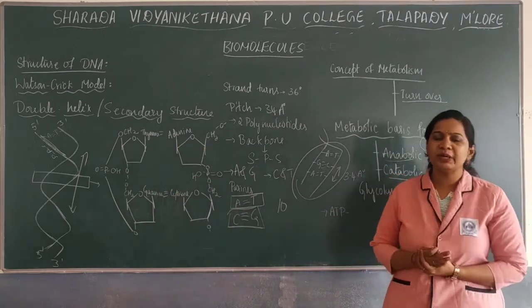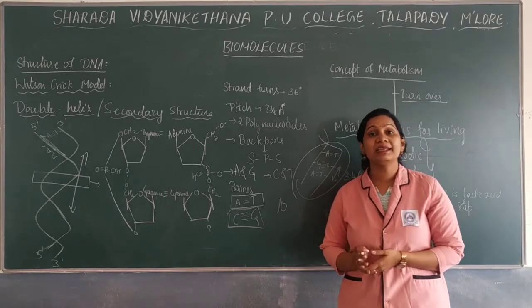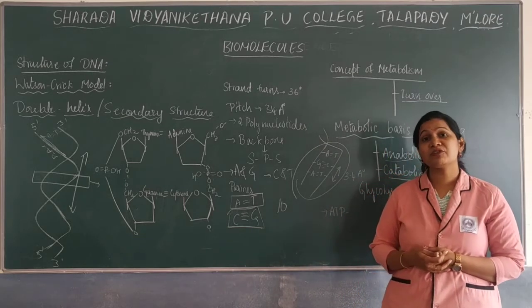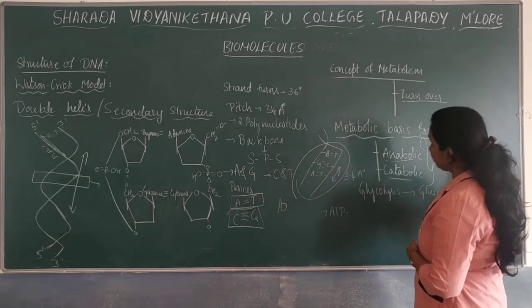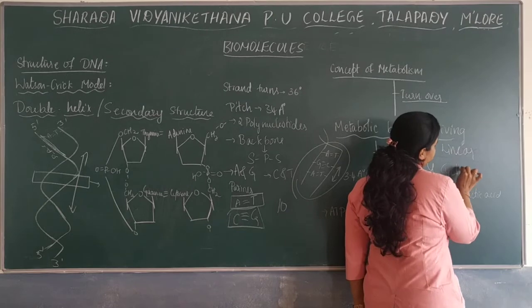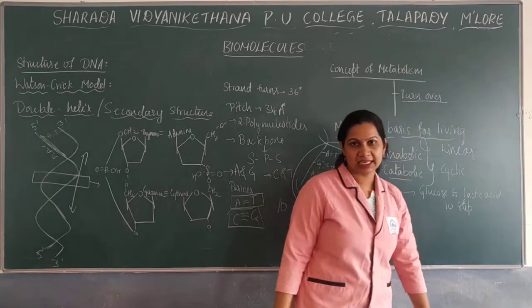The process of metabolism may be a single step process or a multi-step process. Or the process of metabolism may be a linear procedure or it may be a cycle. It may be a linear pathway or a cyclic pathway.